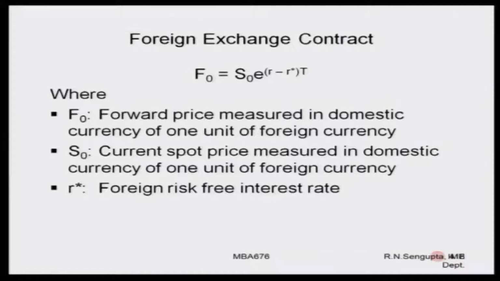So, make a distinction between domestic currency and foreign currency. S0 is the current spot price measured in the domestic currency of 1 unit of foreign currency, and R star is the foreign risk free interest rate. R is the domestic risk free interest rate.